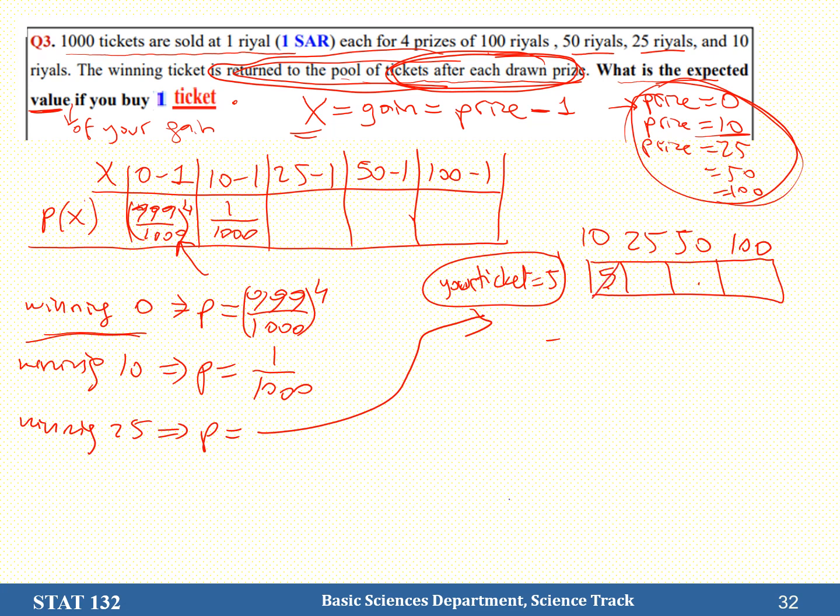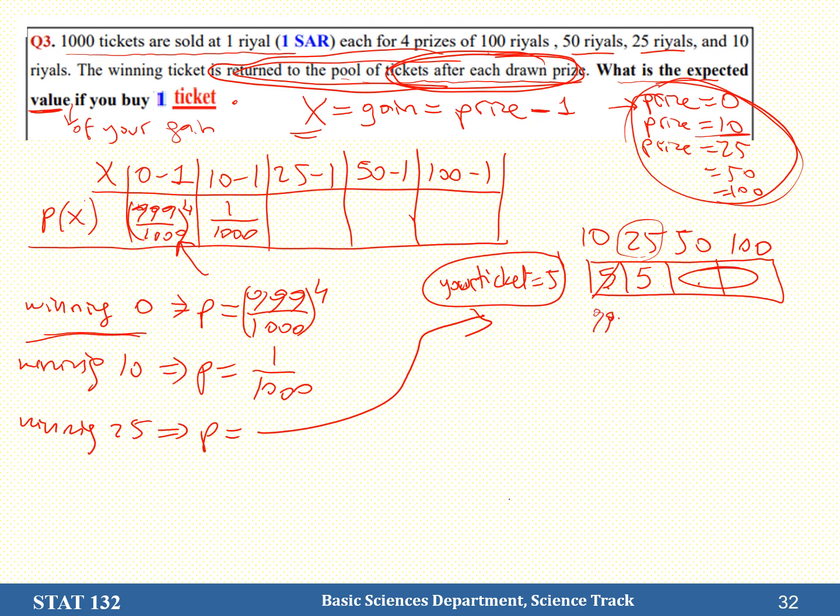If you had won, you wouldn't go for 25; you would have won 5 here, bought the prize and left. And these are not important, whether they are 5 or not, because you won 25 and left. So in this case, what's the probability of getting not 5?